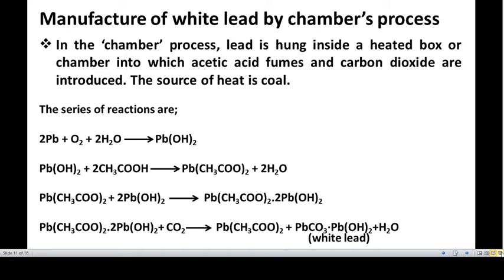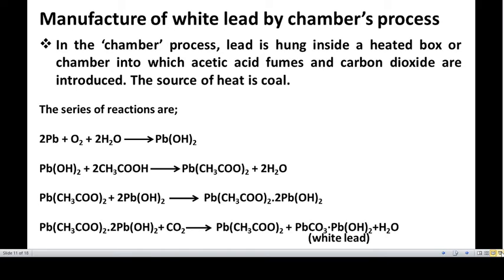Because majorly in all types of paints white lead is used as one of the major components. It can be manufactured by two main methods. One is called the Chambers process and the other is called the electrolytic process. Now let us have a look at how to manufacture white lead by the Chambers process.